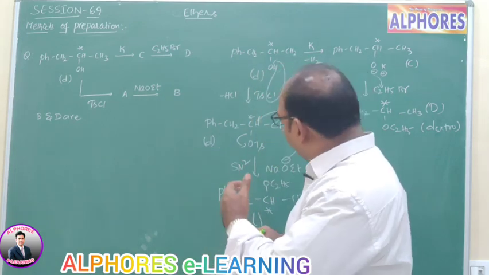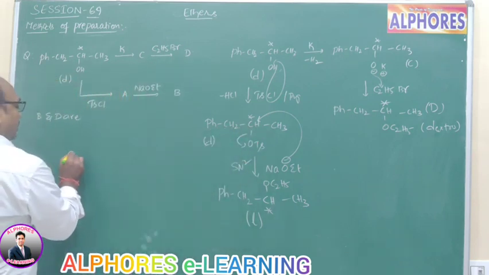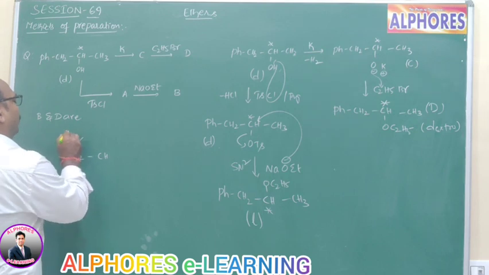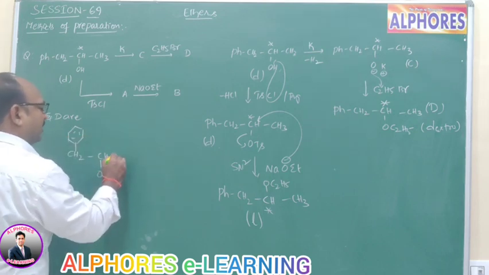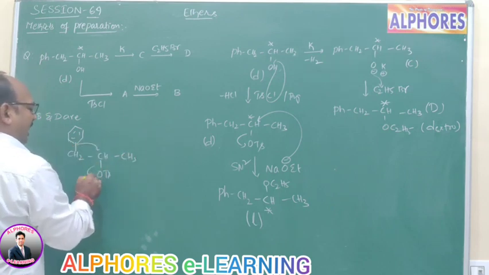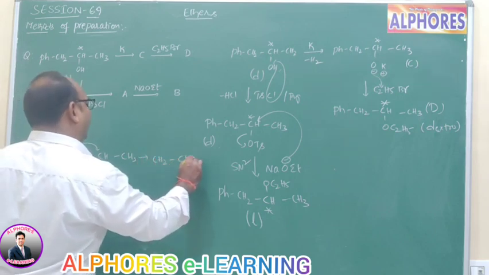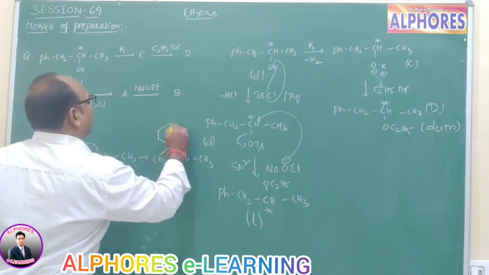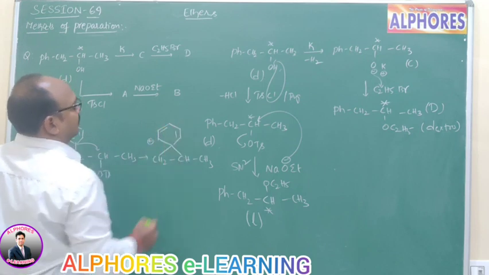But furthermore, I am going to consider this compound: CH2-CH, here the phenyl group, and here OTs and CH3. Here there is a possibility for anchimeric assistance, which leads to formation of a compound like this because the electrons go like that.